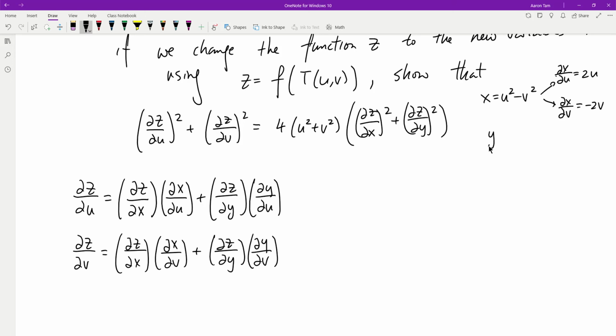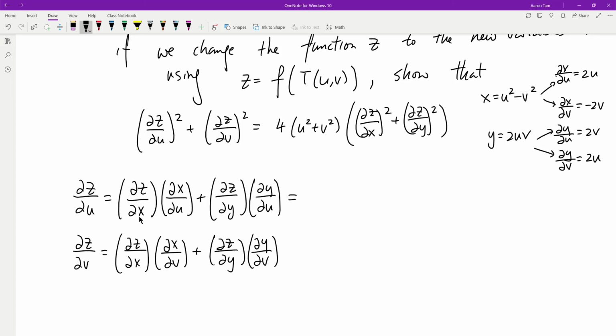We also know that y is equal to 2uv. So therefore, dy over du would be 2v, and dy over dv would be equal to 2u. So therefore, I can now write this out.